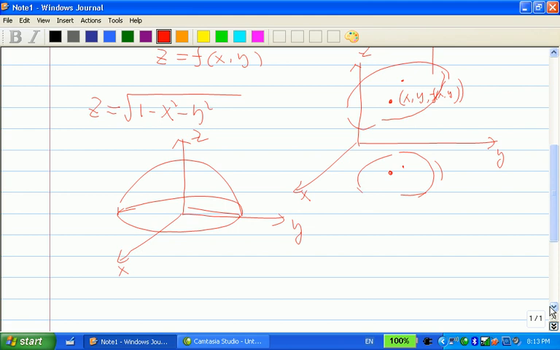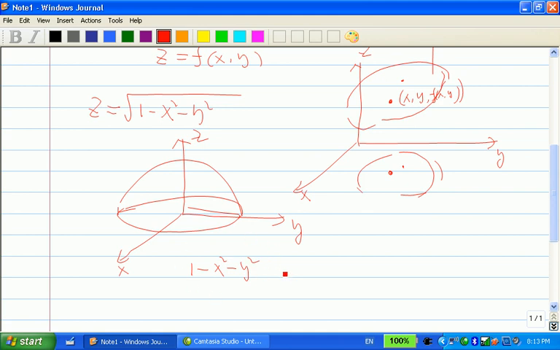Take the domain. This function has been defined this way, and a square root is involved in the definition. We know the quantity inside a square root must be non-negative. The value in the square root for this function is 1 minus x squared minus y squared.